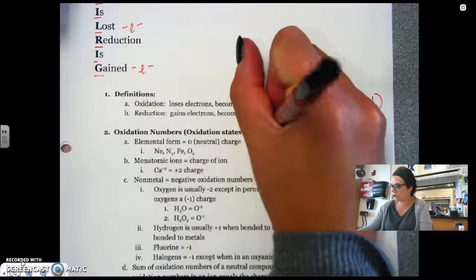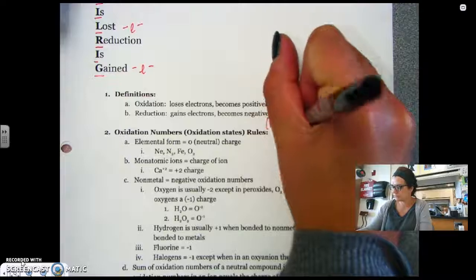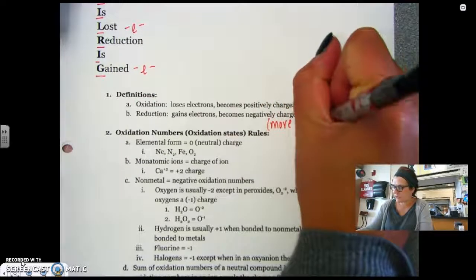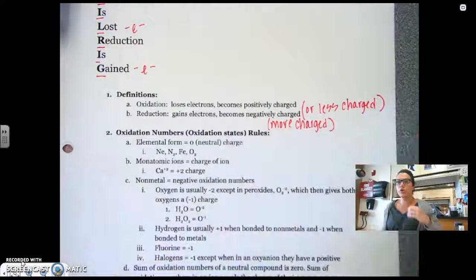So for example, when sodium Na goes to sodium ion Na+, it's being oxidized, meaning it's losing an electron. Where fluorine, when it becomes F-, is becoming reduced because it's gaining an electron.